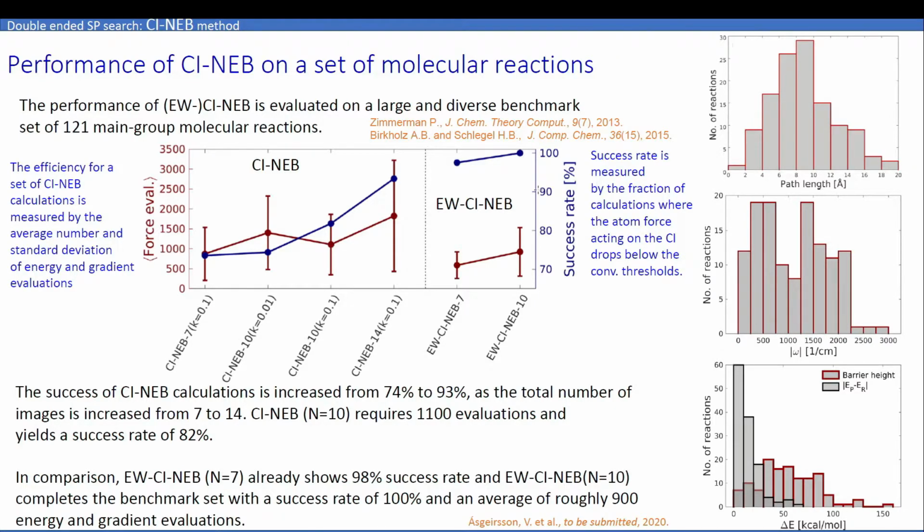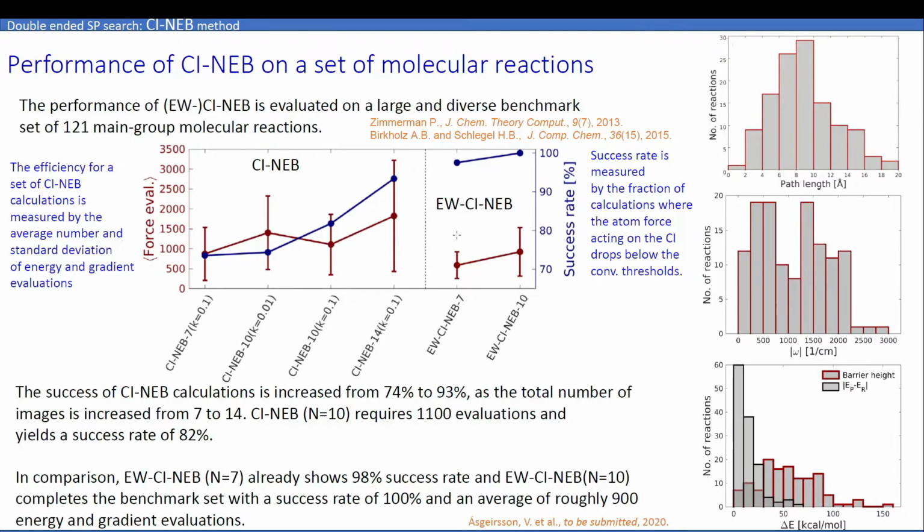In other words, calculations where the atom force acting on the clamping image drops below the user-supplied convergence thresholds. You can see here that we did standard clamping image NEB calculations with a total number of images varying from 7 to 14 and using different spring constants, and the energy-weighted clamping image NEB calculations with 7 and 10 images.